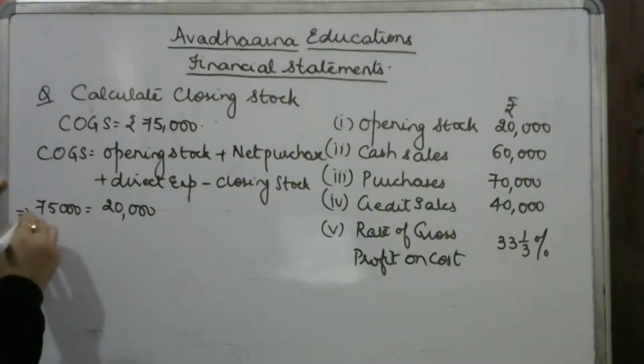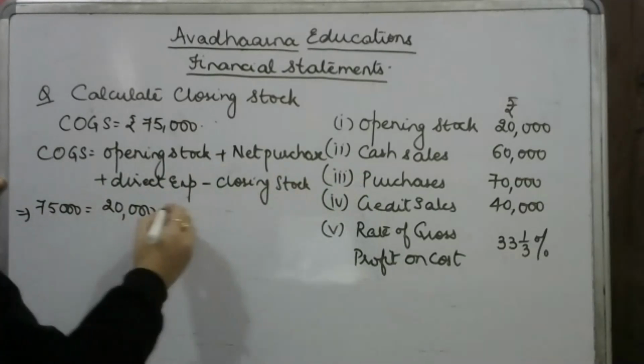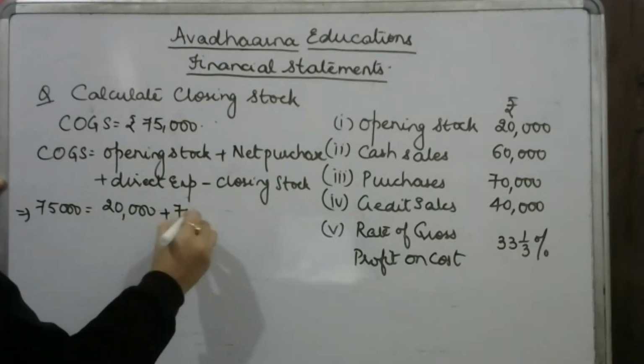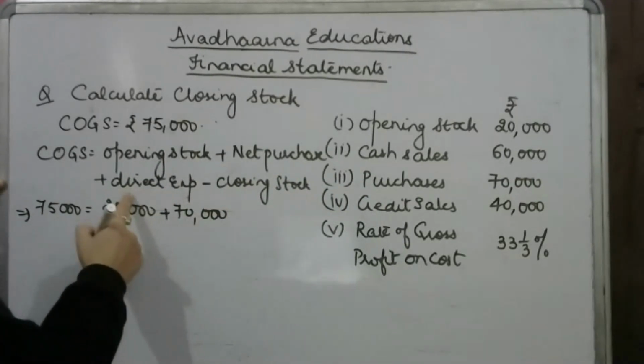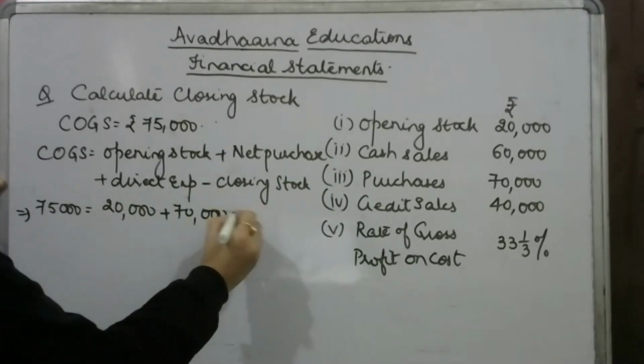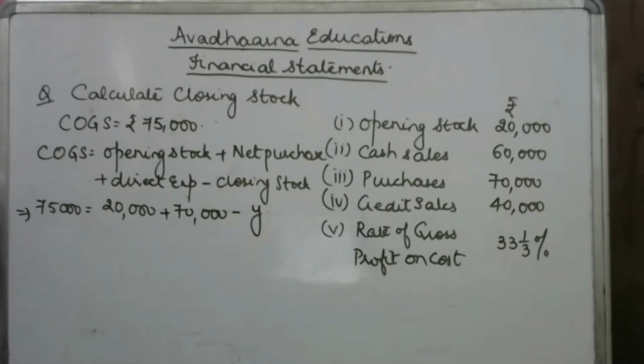We are substituting the values. Net purchases given to us 70,000. There are no direct expenses, and then less closing stock. Let closing stock be Y.